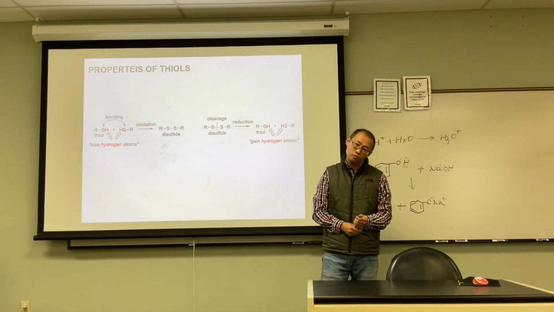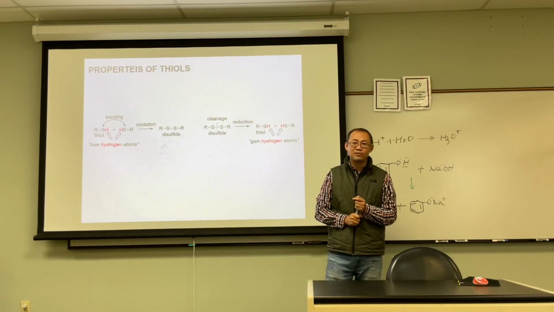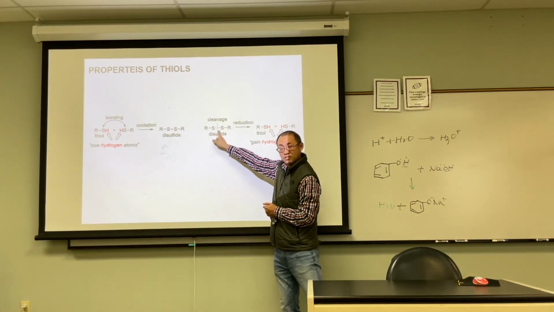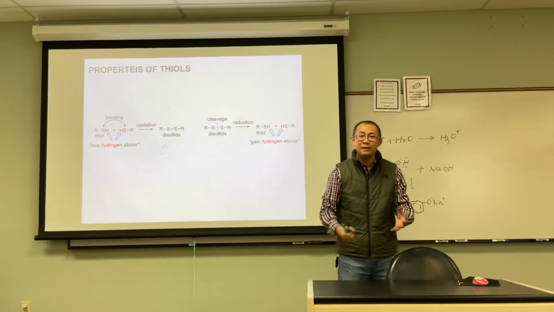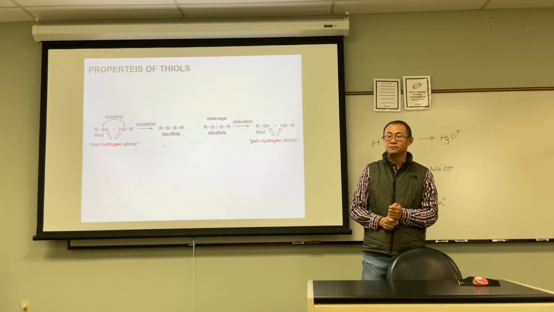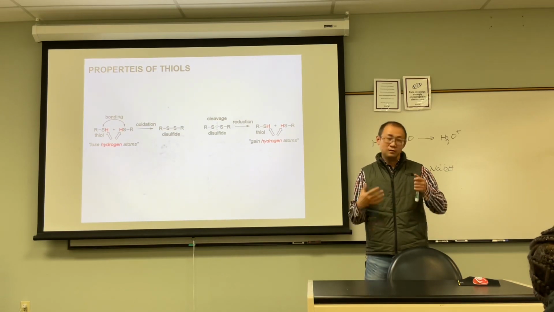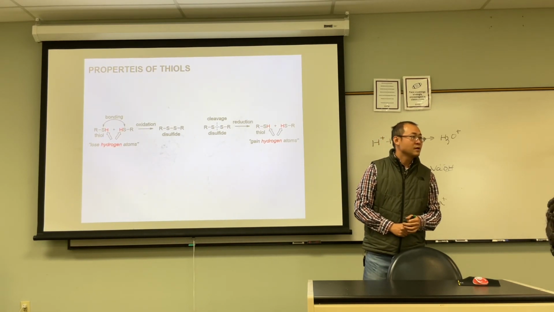Two thiols will make a bridge, S-S, a disulfide linkage, which is very common in our proteins. We have a lot of that linkage in our whole body, in your hair, your skin. We have a lot of these bridges in proteins. All right, that is all for this chapter.